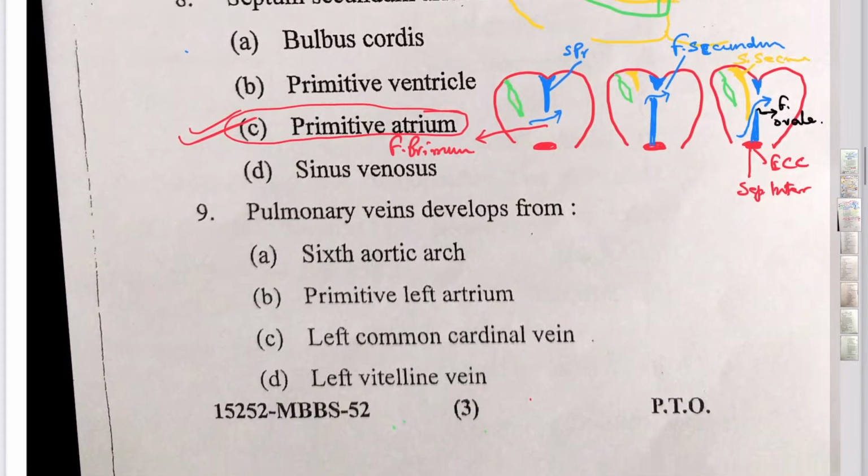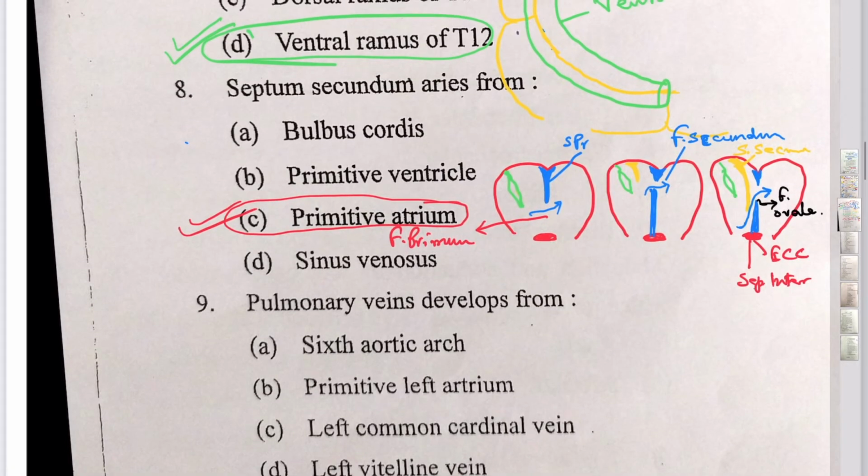Next, let me tell you that the pulmonary veins were also being developed by the time of formation of the inter-atrial septum, in the dorsal wall of the left atrium.